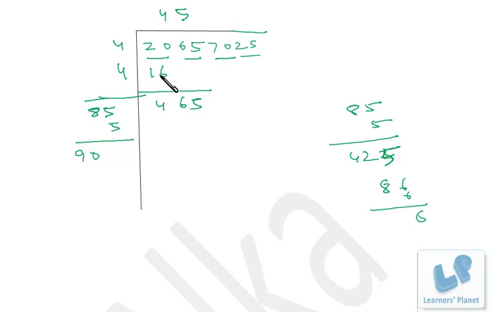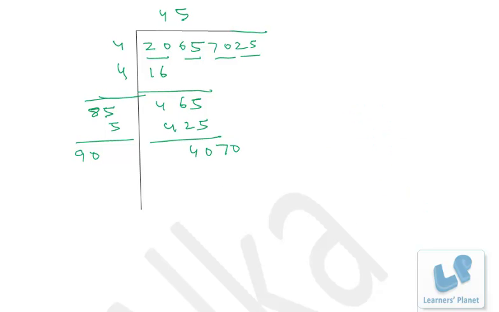Write 5 over here. 85 into 5 is 425. So we are left with 40. Now take 70. Now we have to find out 904 into 4.